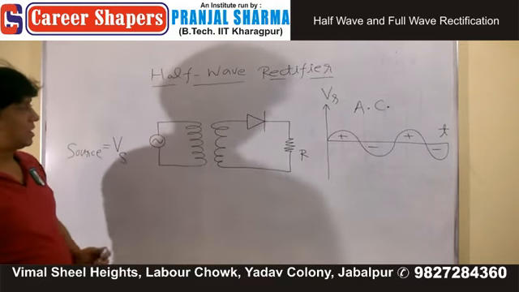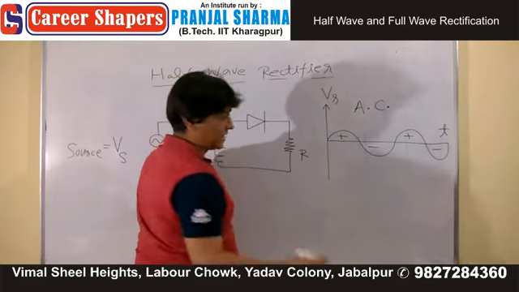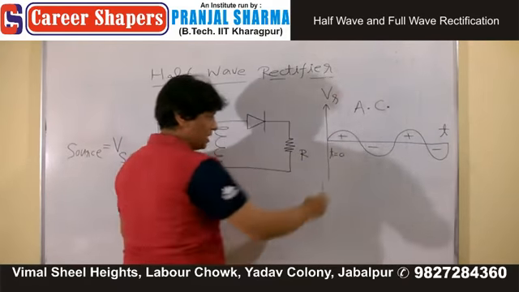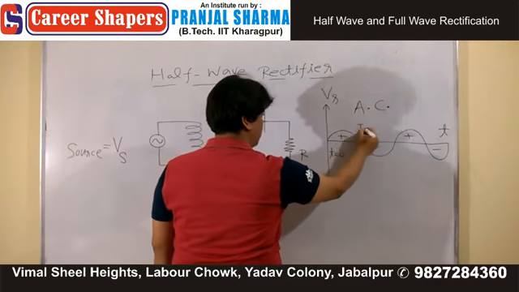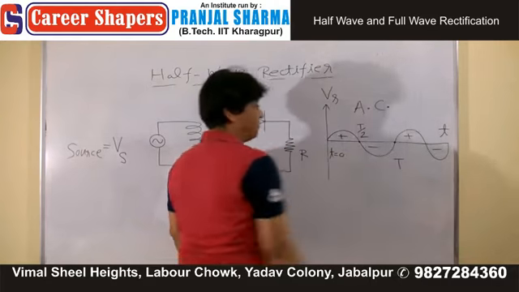Now, let's say this place is T equals 0 and this is your T by 2. This is your capital T and so on.